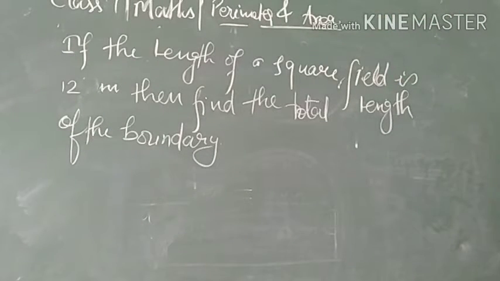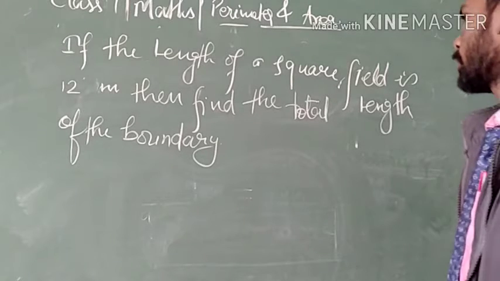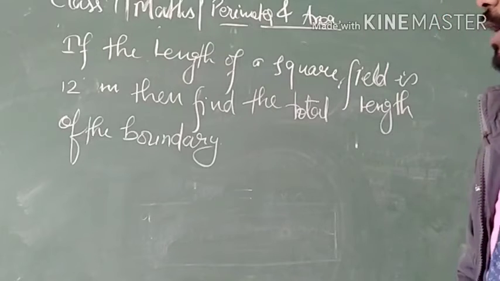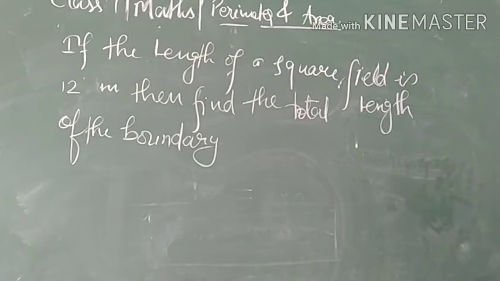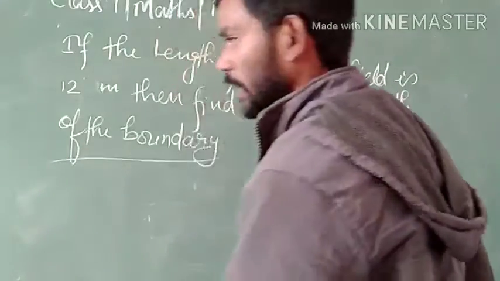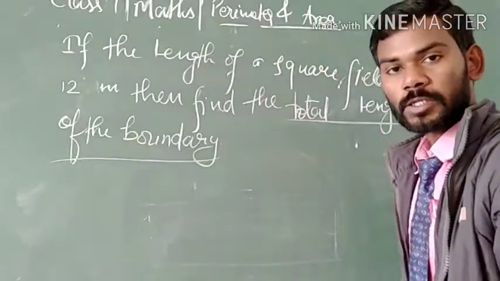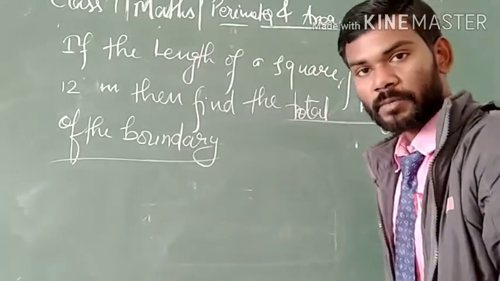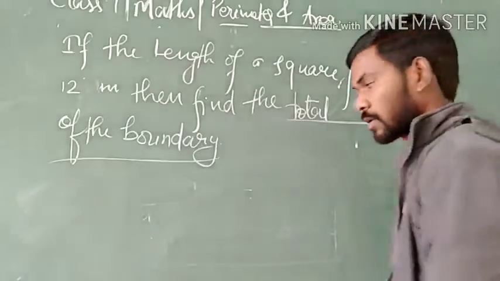Question says that if the length of a square field is 12 meter, then find the total length of the boundary. Total length of the boundary that we have to find can also be referred as perimeter of square.